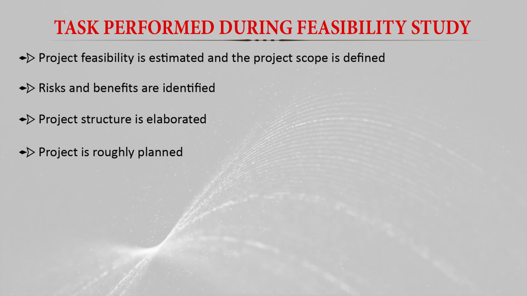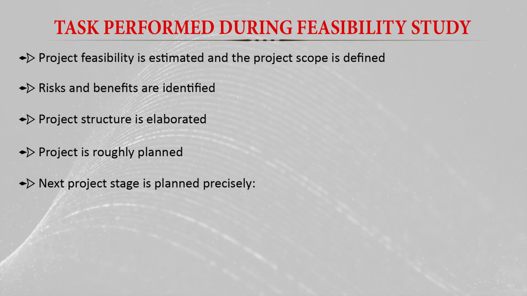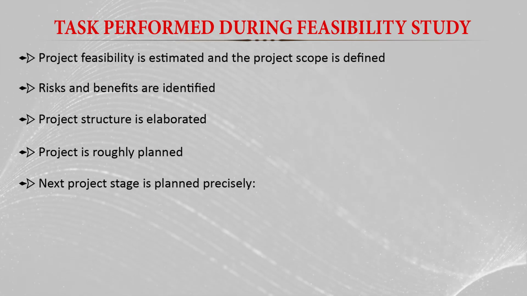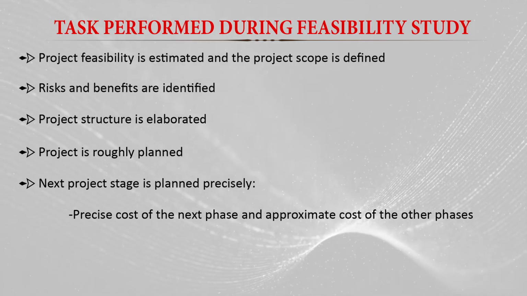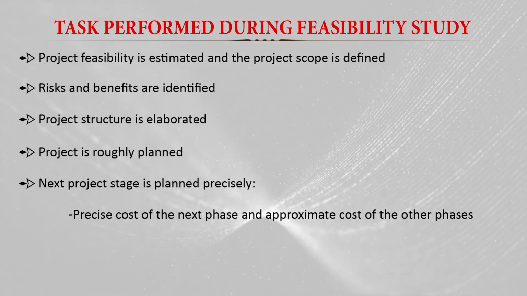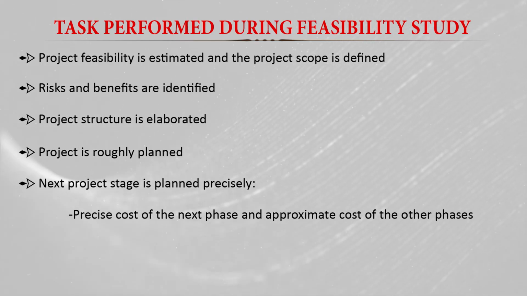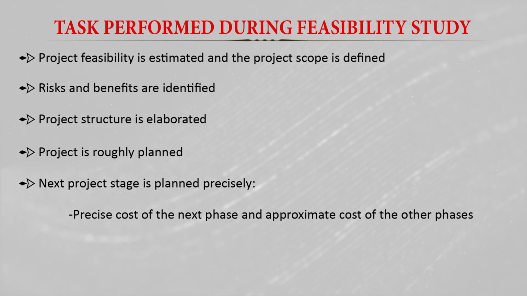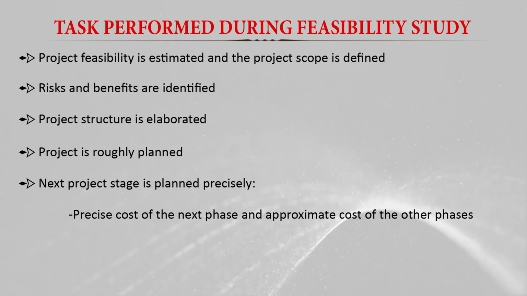And also we prepare precisely about the next stage after the feasibility stage, like the project preparation stage. And we prepare the precise cost of the next phase and the approximate cost of the other phases. So here also we prepare the budget, what will be the cost of the next phase, and then we also calculate the approximate cost of the other phases of the project.